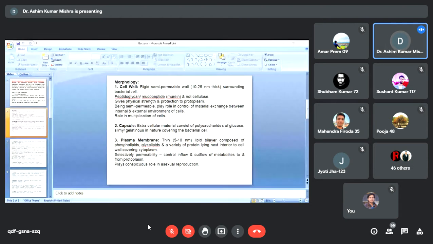Metabolites are of two types. One is known as primary metabolite, another one is secondary metabolite. Do you know primary metabolite and secondary metabolite? Primary metabolites are those which are found in the original natural form, and secondary metabolite is formed from the primary metabolites.